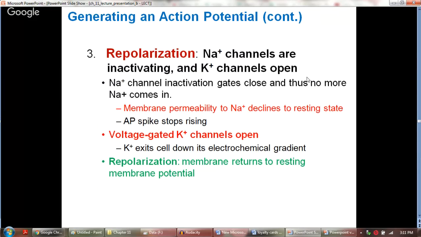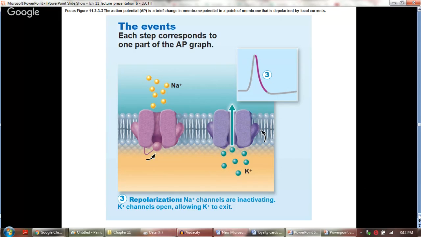Therefore, the membrane starts to go back to negative again. And this potassium exit happens according to the electrochemical gradient, and the repolarization process returns the membrane potential to the resting membrane potential.